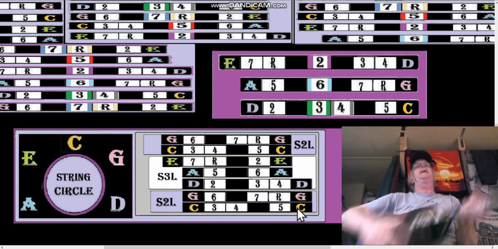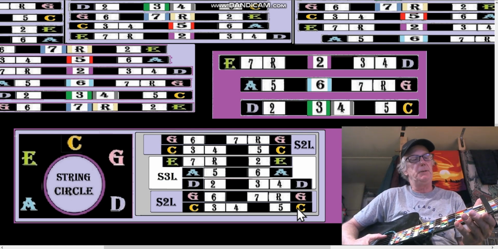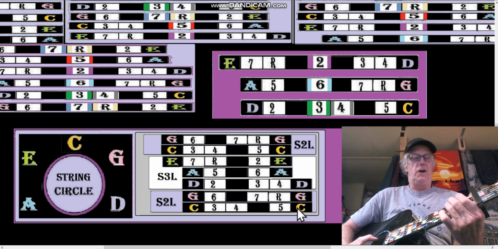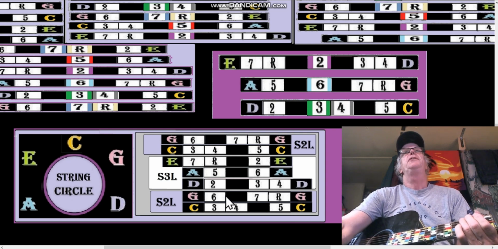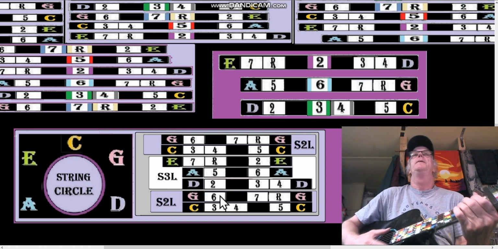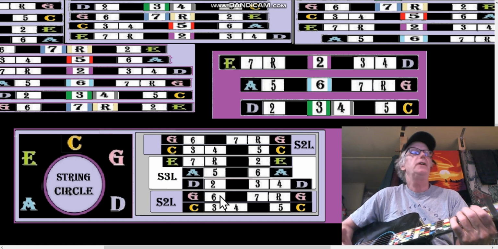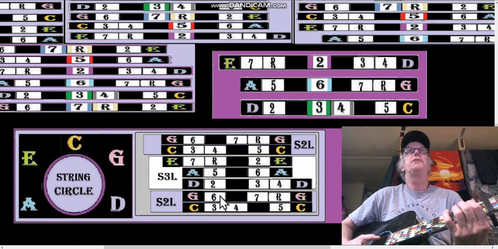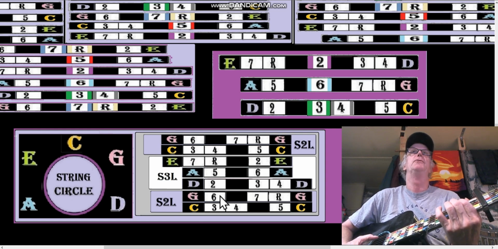When you play a C in the key of C, E becomes the 3rd, and you have 3, 4, 5. When you play a G, in the key of G, E becomes the 6th, and you'd have 6, 7, root.